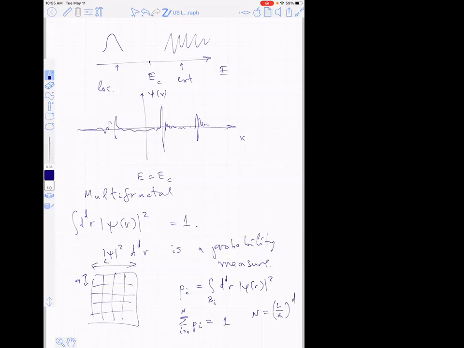But then what I want to do next is form the following combinations. This is capital P sub Q, which is the sum over the boxes of Pi raised to the power Q. For historical reasons, these are called inverse participation ratios. Doesn't really matter what they call them.